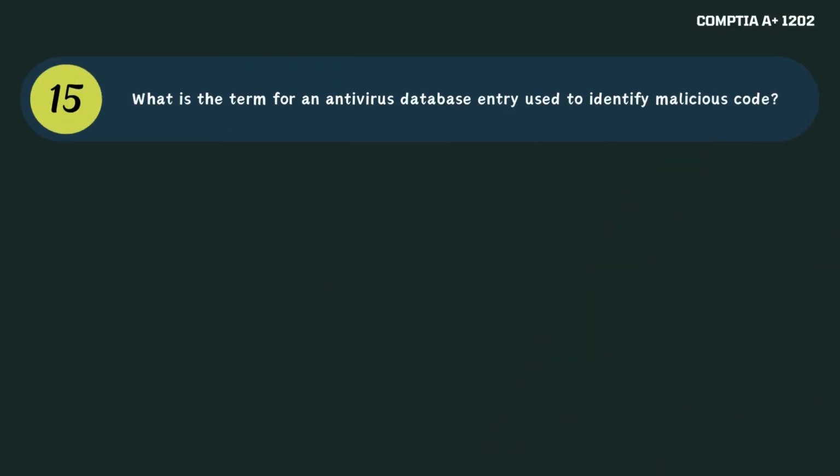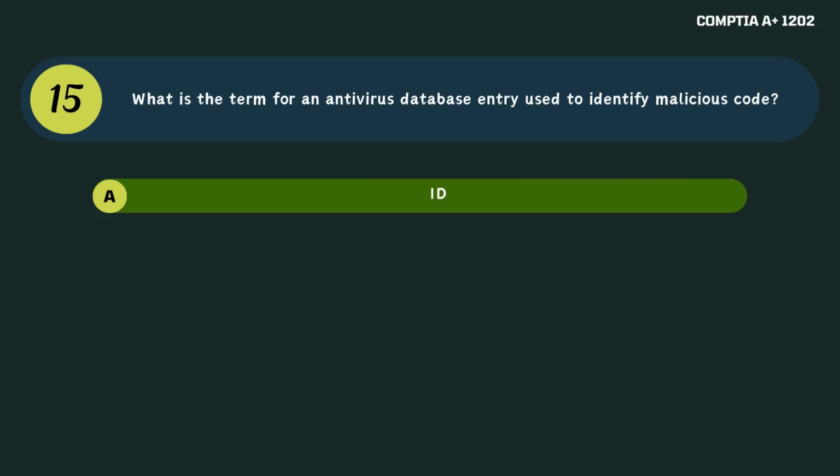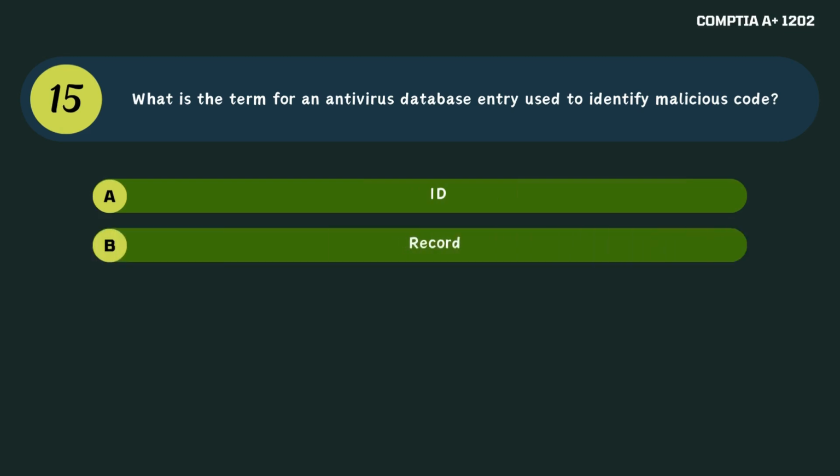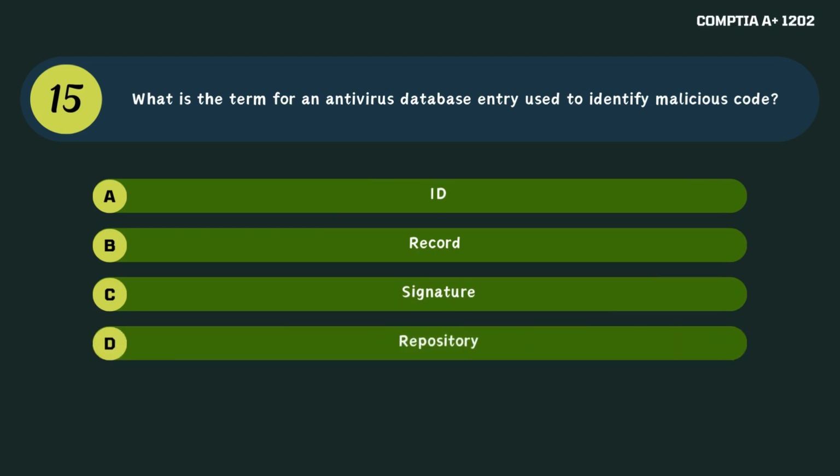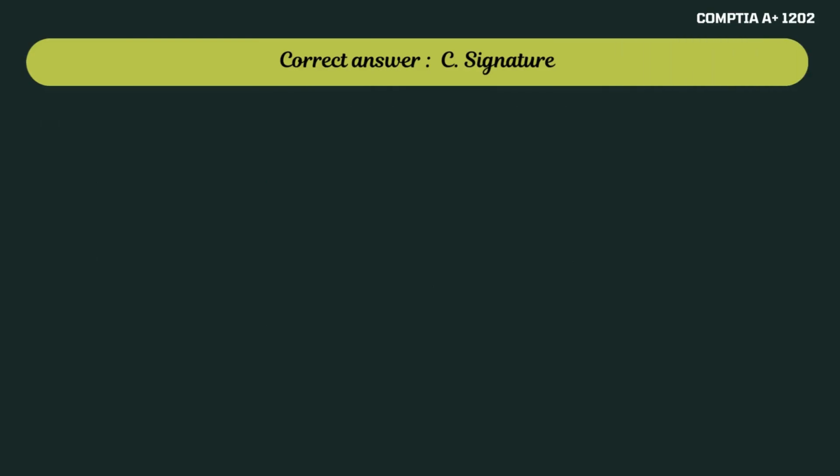Question 15. What is the term for an antivirus database entry used to identify malicious code? A. ID. B. Record. C. Signature. D. Repository. Correct answer: C. Signature.